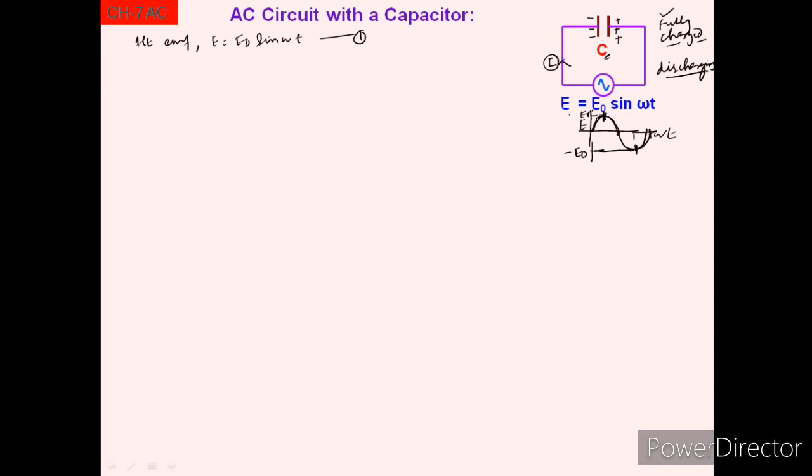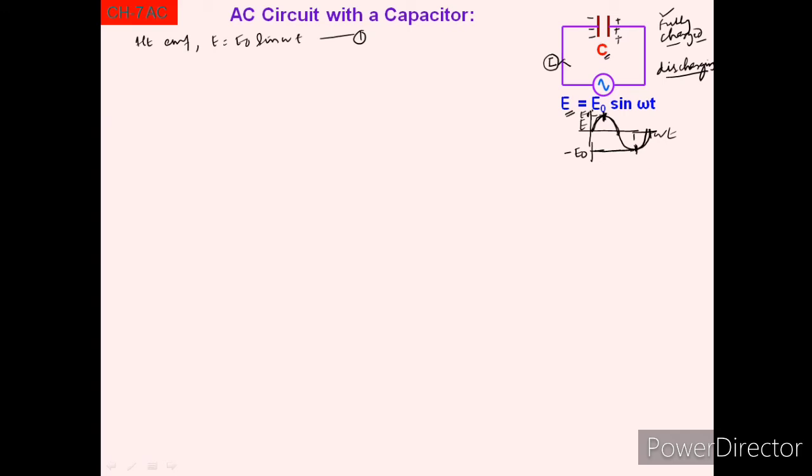It means when the alternating EMF repeats its cycle, the charges in the capacitor are grown and discharged continuously or periodically. So we can say that a capacitor allows the alternating current to pass.